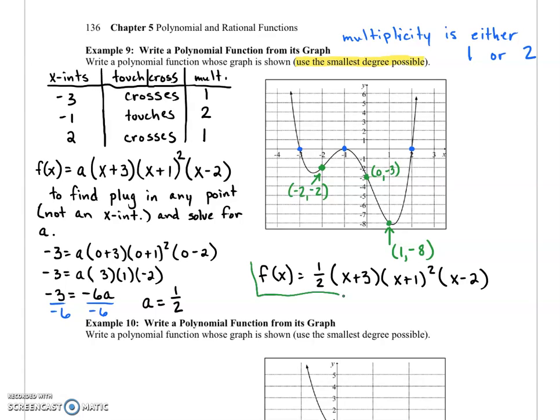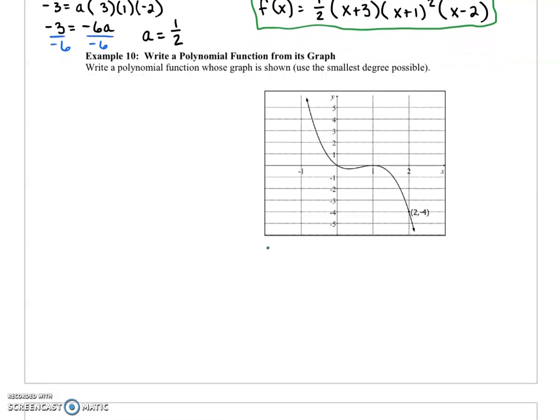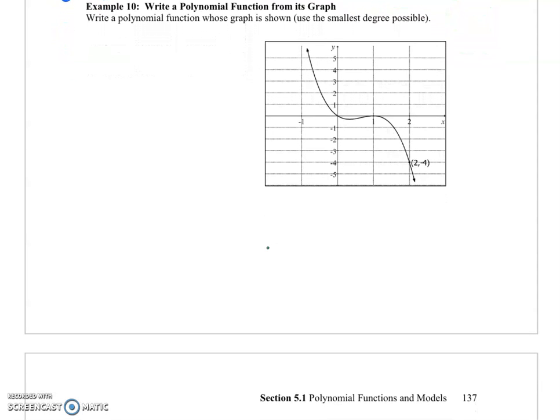So this is our final answer for finding the function of the smallest possible degree that will give us that graph. So pause the video here. You guys try this second one and then restart the video and see if you got it right. So I'm going to assume you've already tried this.